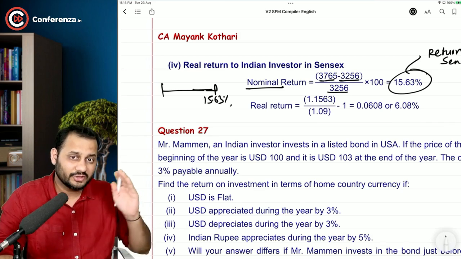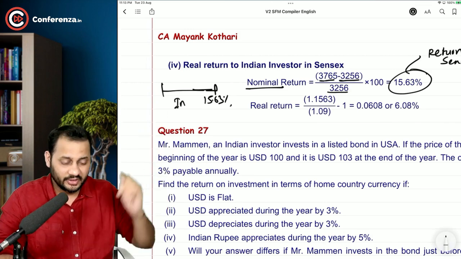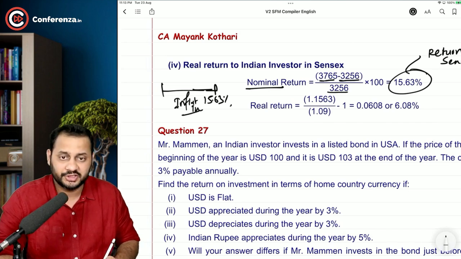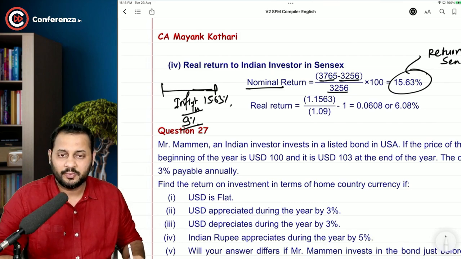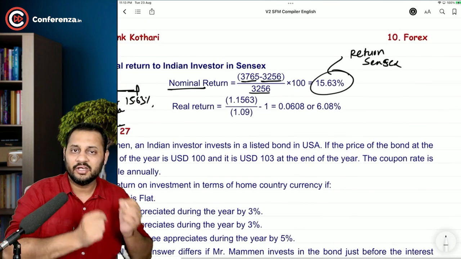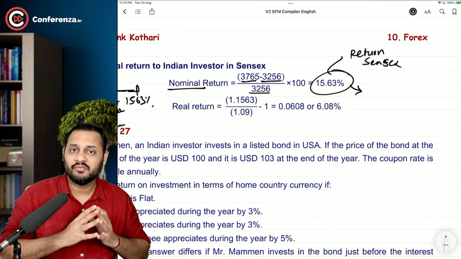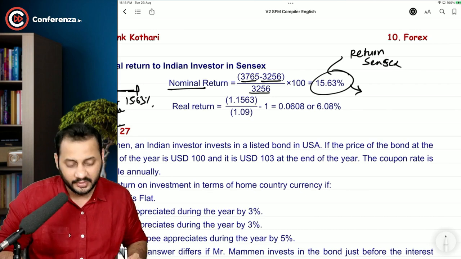But because 1 year has gone, your return is also impacted by inflation, which was 9% in India. So practically speaking, the real value of 15.63% will be calculated when you remove inflation out of it, right?